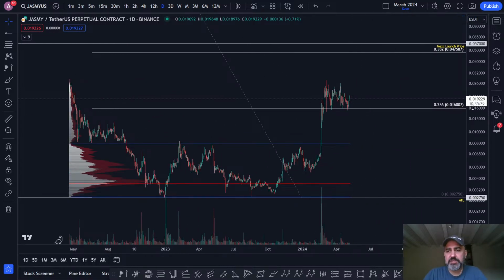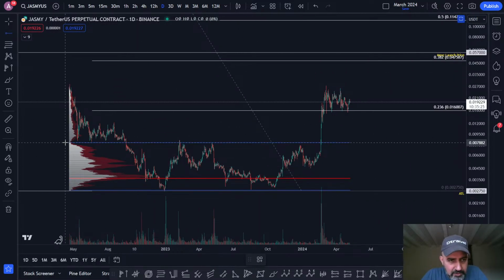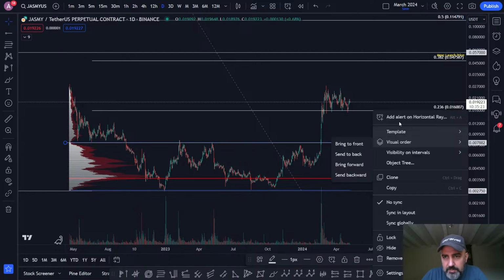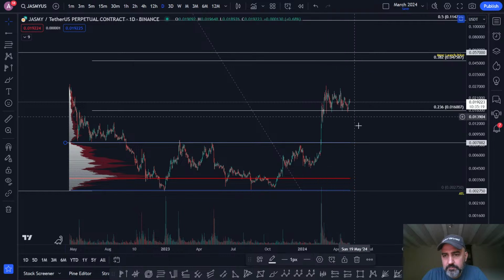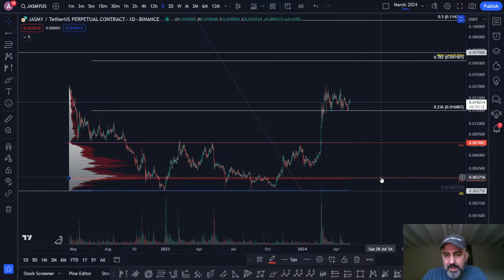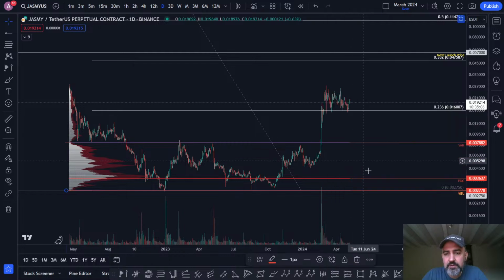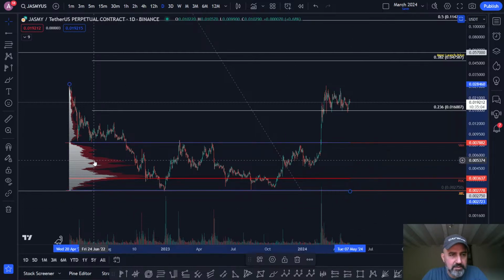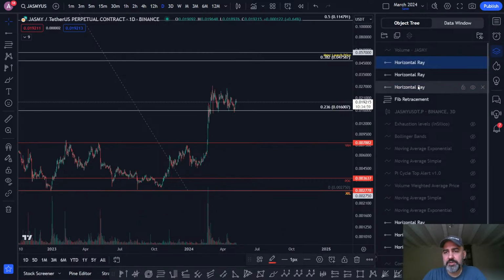All right, while I'm here, I'm just going to quickly put in my volume levels. I can get rid of this range pool. Value area high, point of control. It's irrelevant now, but I'm just going to add it just in case it moves, so I have a reference. I can delete that. That's my volume levels. Let me just put it into my own group.